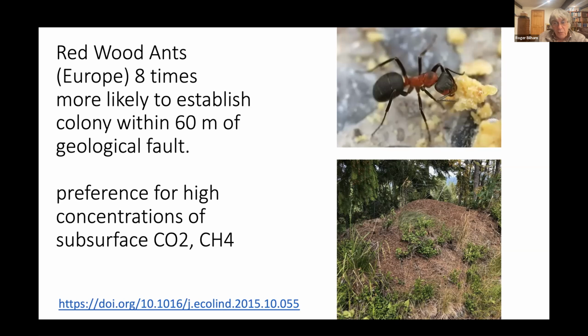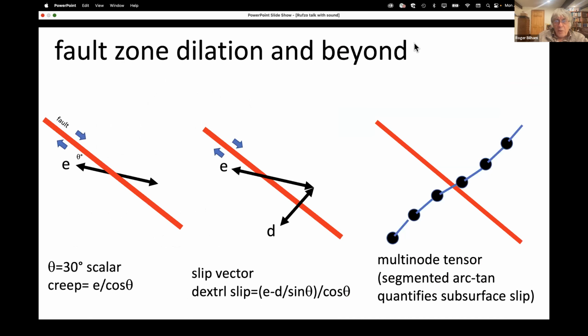Now, these are not active faults, but clearly the ants prefer their nests there because of the gases coming out of the fault zones, maybe methane or carbon dioxide, whatever. And there are certain types of plant, as we know, that prefer fault zones. So we may have to be imaginative about how to find suitable places to measure gas.